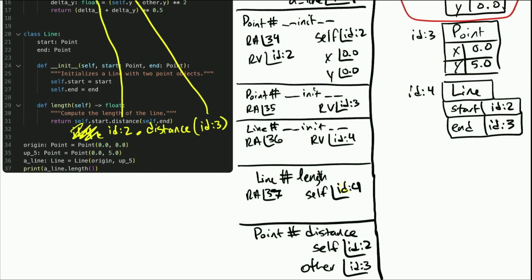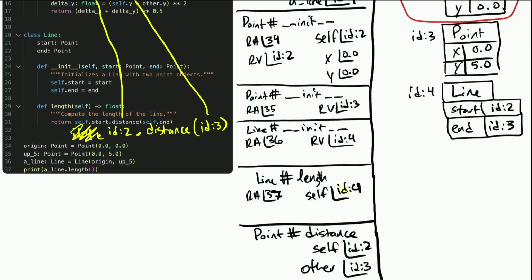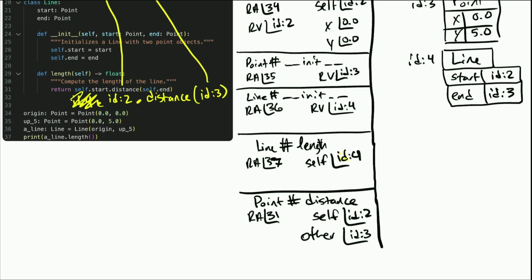In other words, other in this method call's evaluation is this particular object here with 0 and 5 as its coordinates. And the return address, we need to keep track of that. Return address is line 31, right? So that's where this distance method call is coming from.